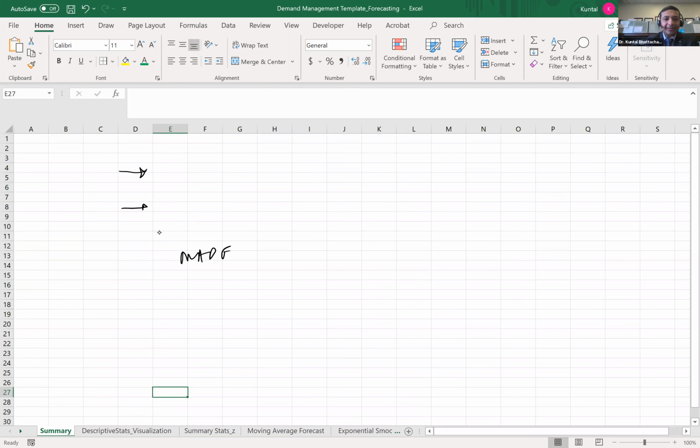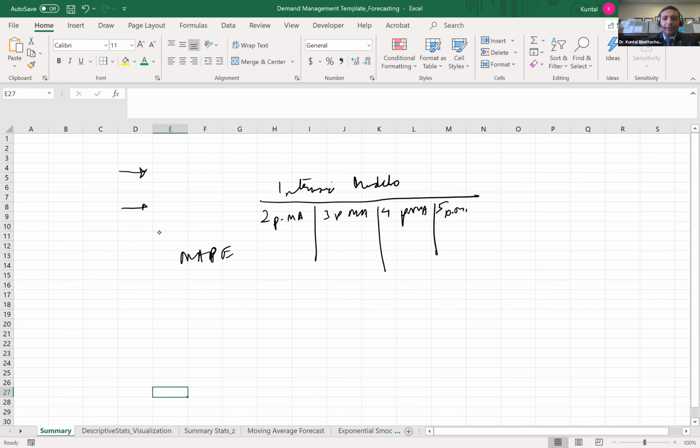That table essentially does a MAPE, and then I'll do intrinsic models, under which I shall have 2 period moving average, 3 period moving average, 4 period moving average, 5 period moving average, exponential smoothing, and time series regression. They are all part of intrinsic models, right? And then extrinsic, you have a different set.